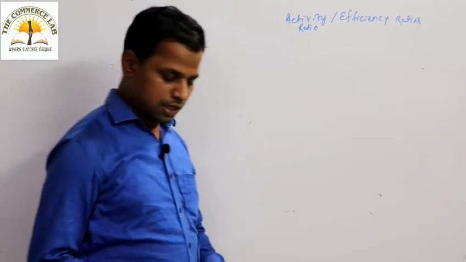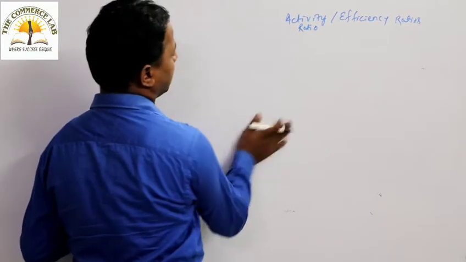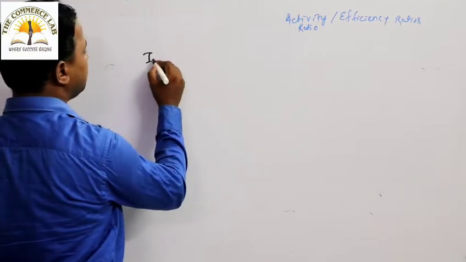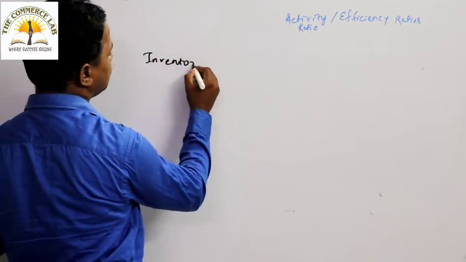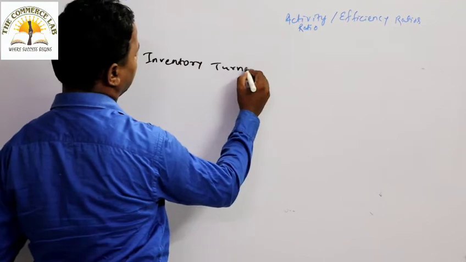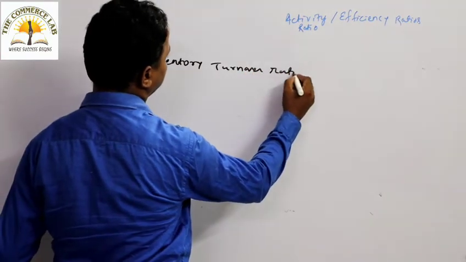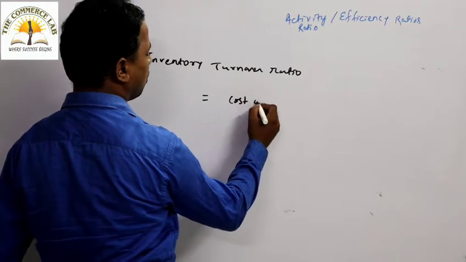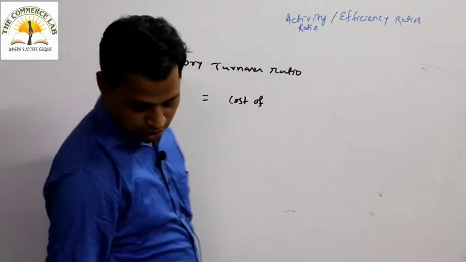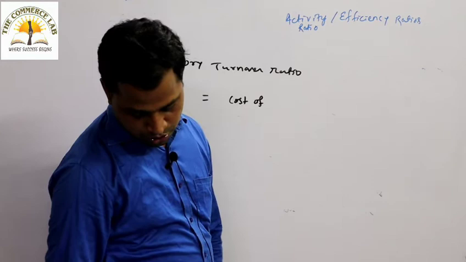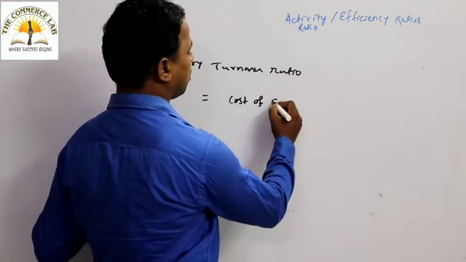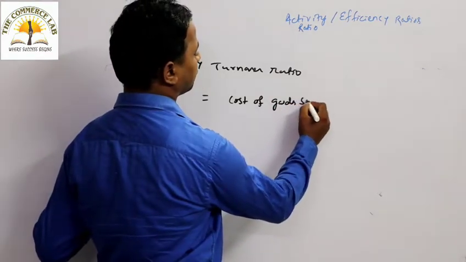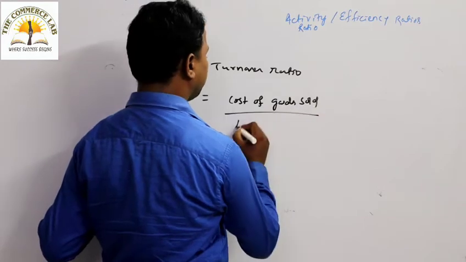Thereafter, today the first activity ratio is known as the inventory turnover ratio. What is inventory turnover ratio? It is nothing but cost of goods sold divided by average inventory.